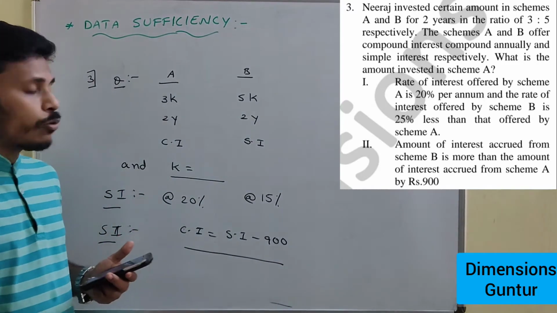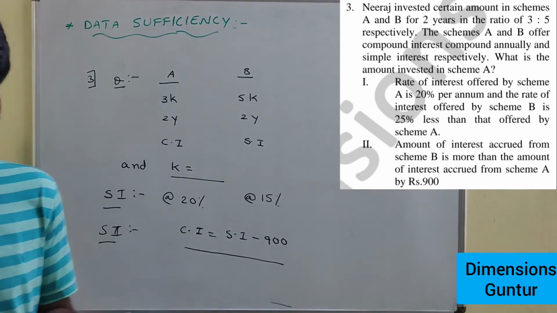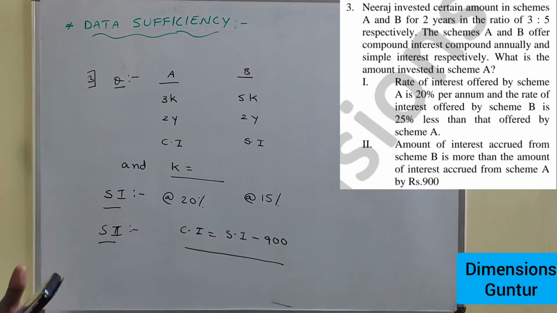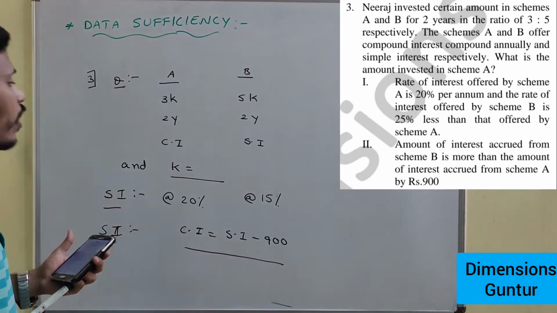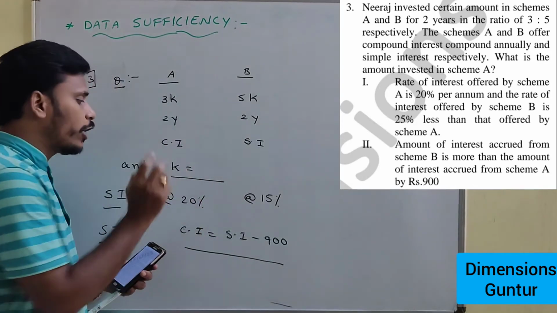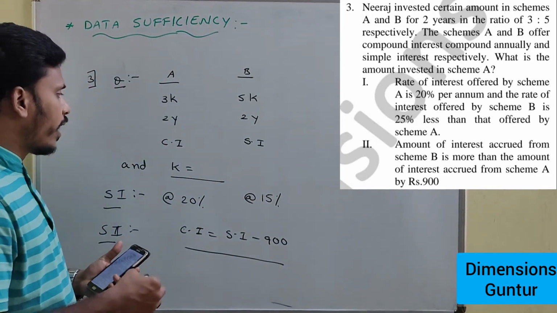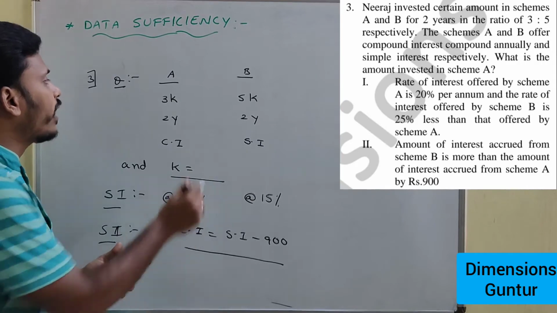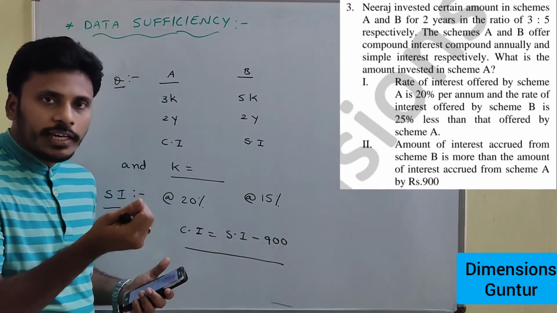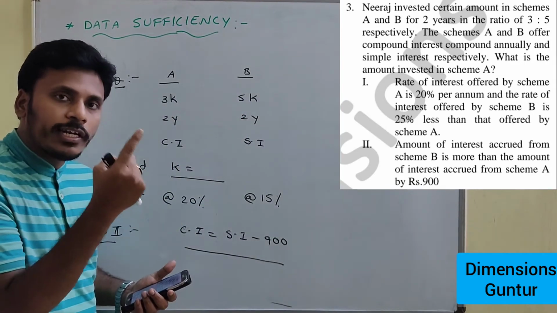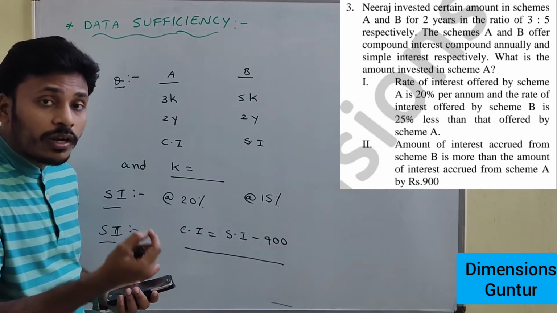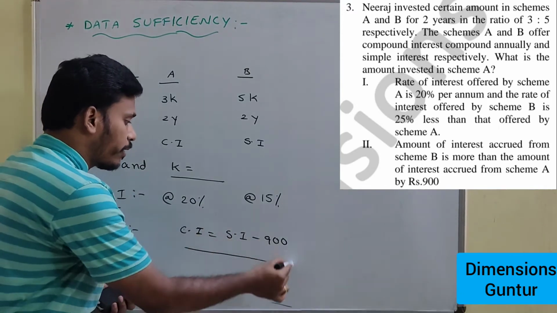Just have a look at the information. Principal amounts we have 3k and 5k. Time we have 2 years, and then compound interest and simple interest, and k we need to find. So very simple logic actually. To find the value of k, there is one variable, right? So we need at least one relation, and that one relation is only there in the second statement.